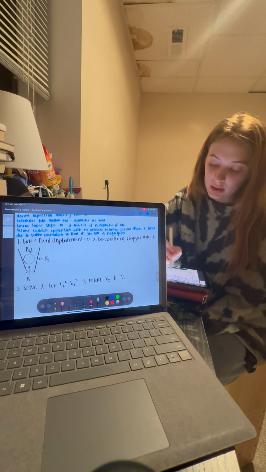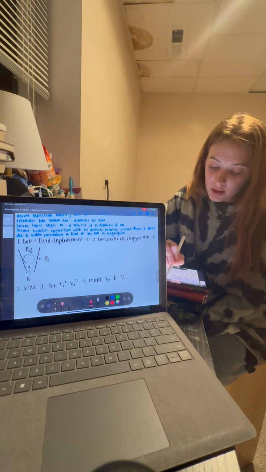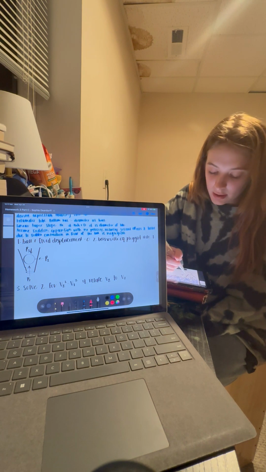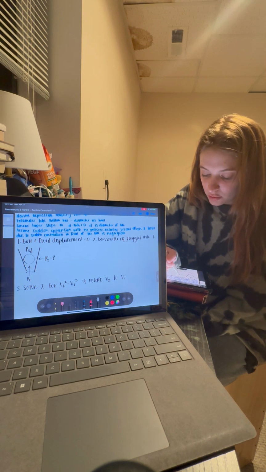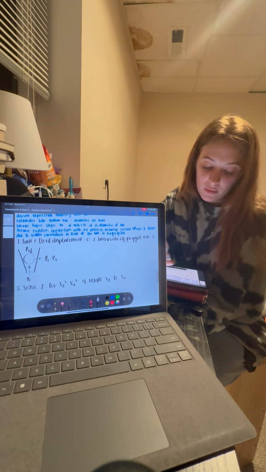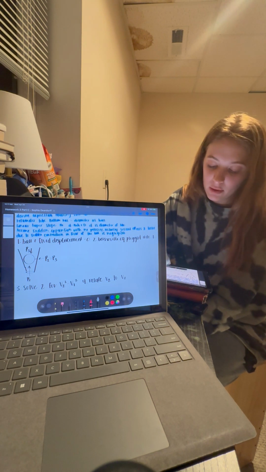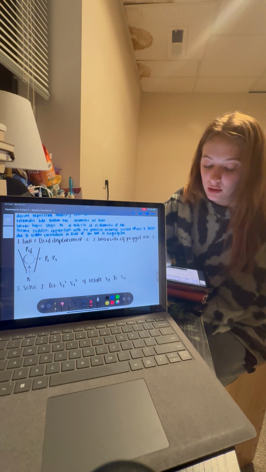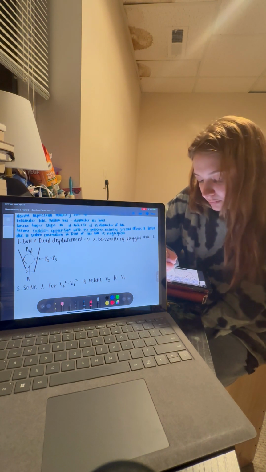We know from this statement that our pressure 2 is going to be equal to our pressure 3. We begin with the first step that I wrote out, finding the weight of the ball and the fluid displacement and setting it equal to 0.